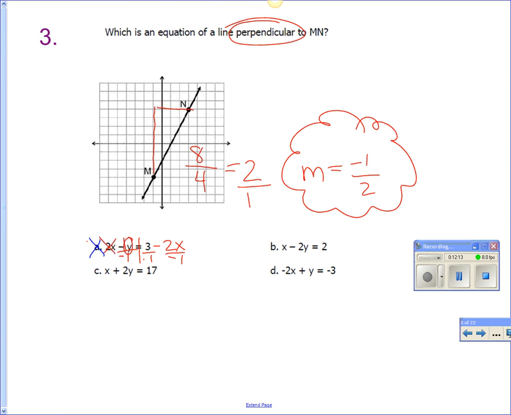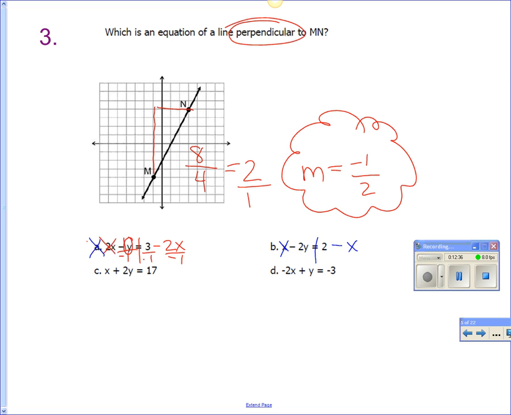All right, on B, Dylan, help me with B. What do I do next? I make it negative x.